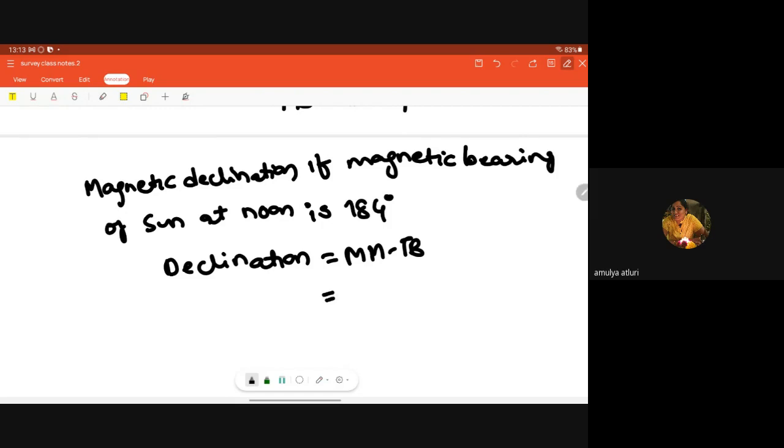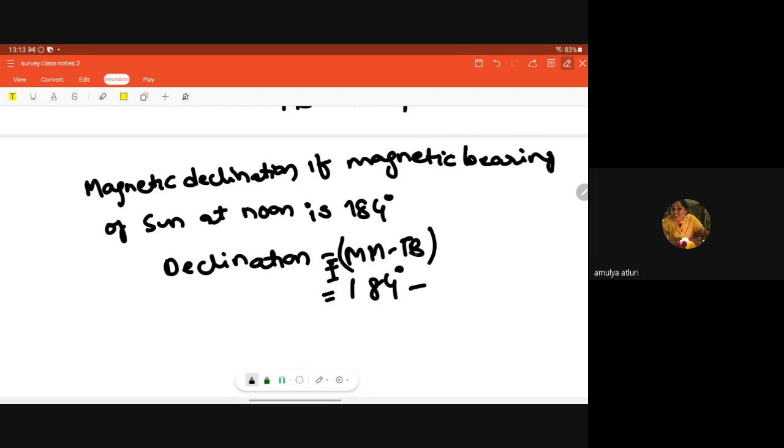Or true bearing minus magnetic bearing, it is plus or minus, you make it. The magnetic bearing is 184 degrees.